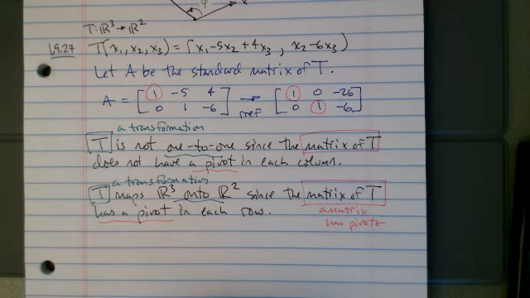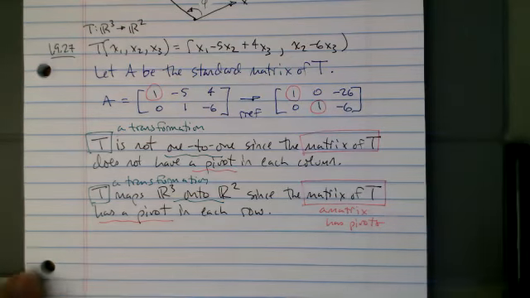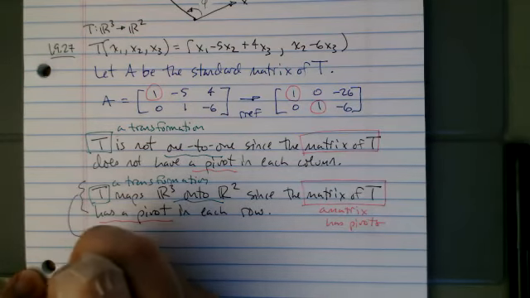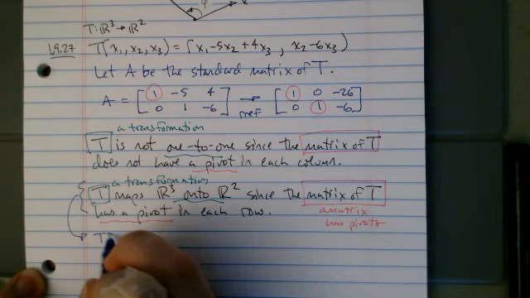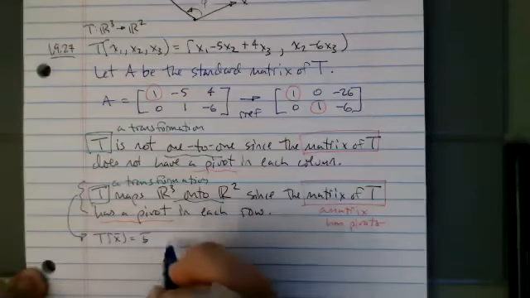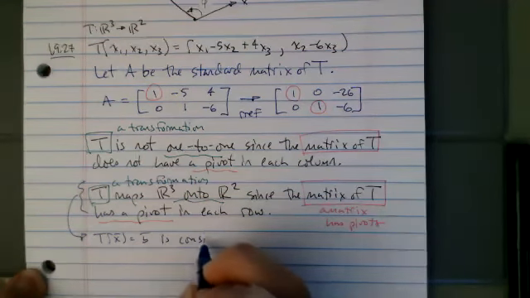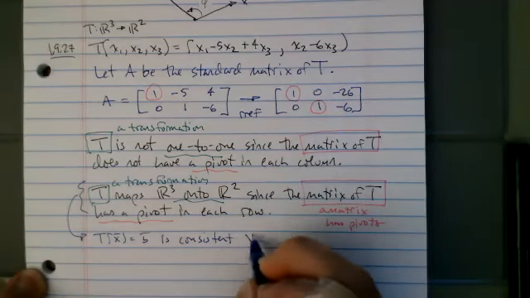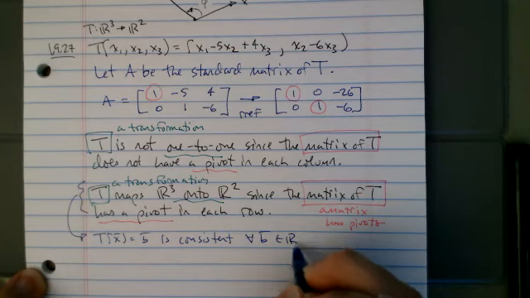That means that T of x equals b is consistent for all b in R2. So pivot in every row means some equation is always consistent. So this statement is equivalent to saying that T of x equals b is consistent for all b in R2.